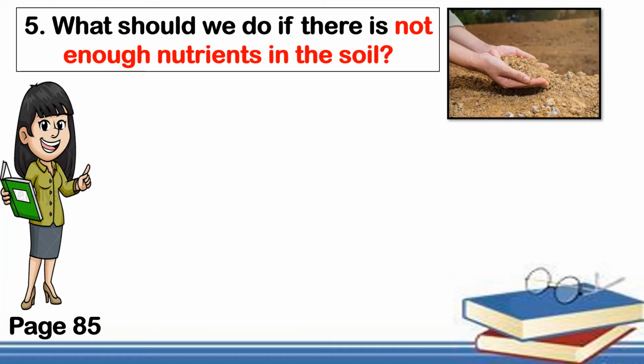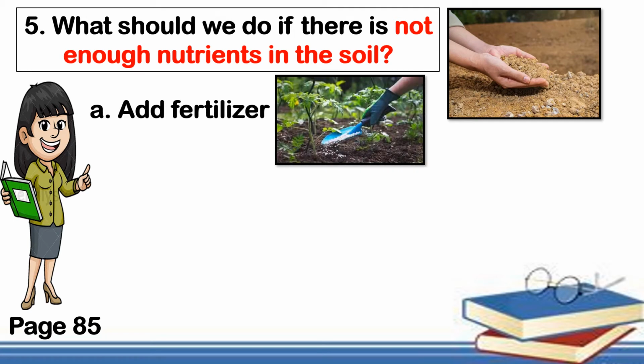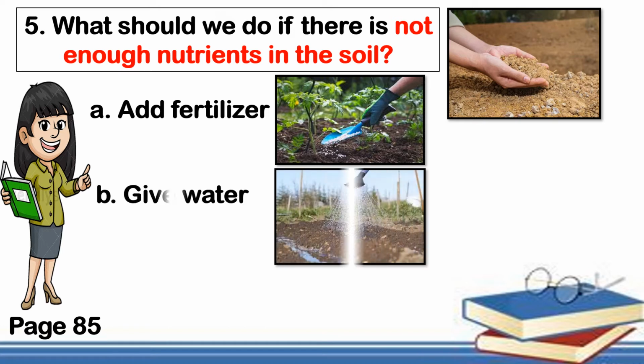Number 5. What should we do if there are not enough nutrients in the soil? Not enough nutrients in the soil. What should you do? Letter A. Add fertilizer. Letter B. Give water. Is water a nutrient?